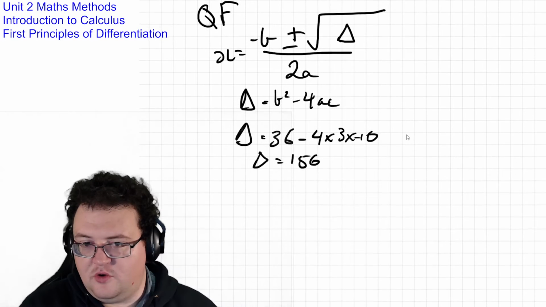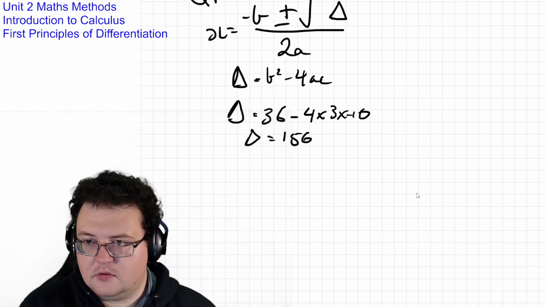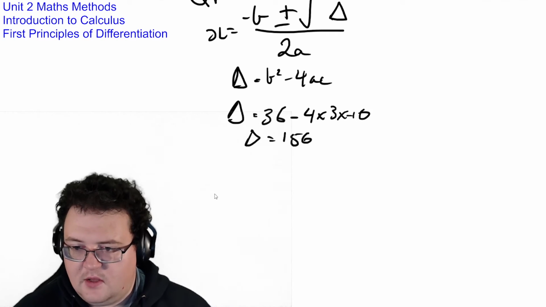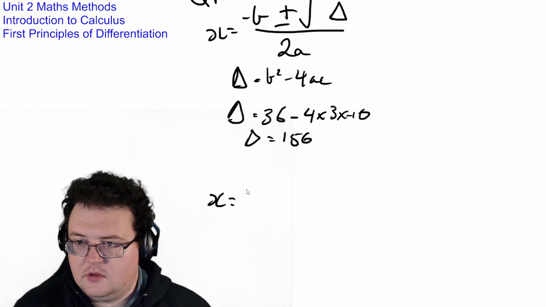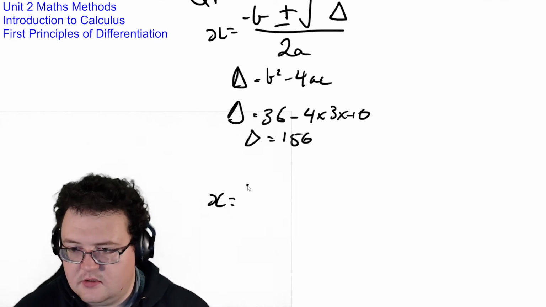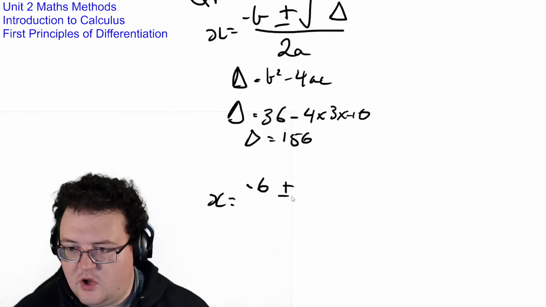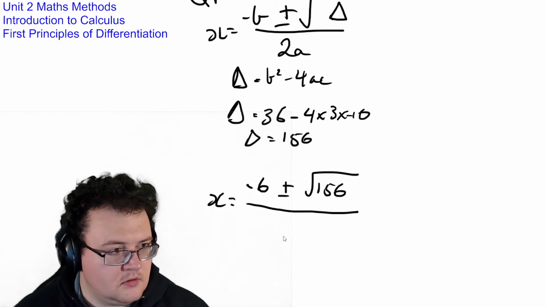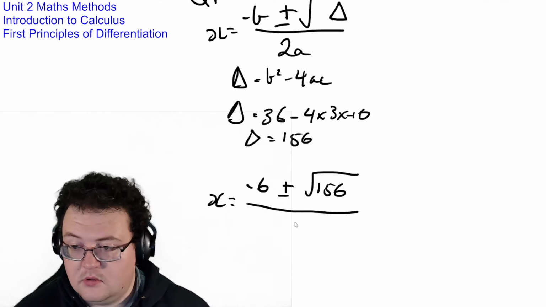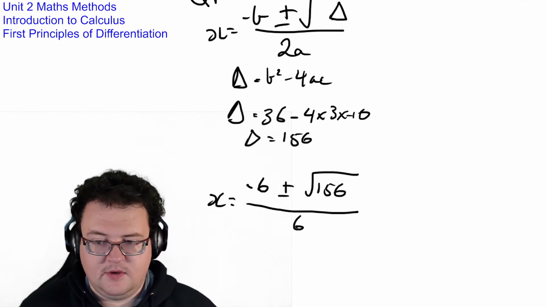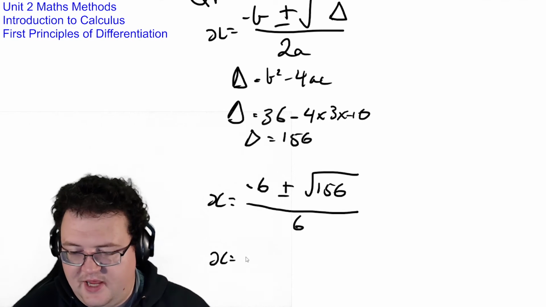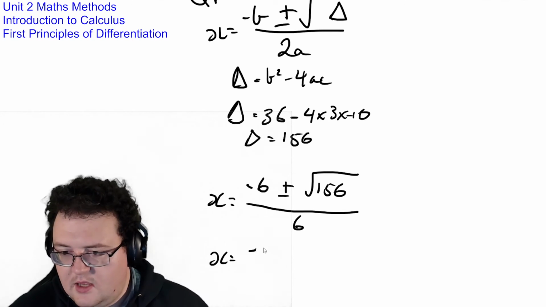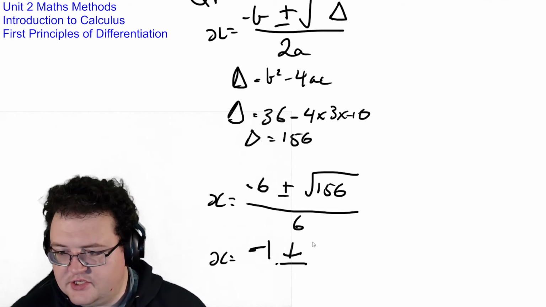So now I can go back to my equation. x equals negative b, which is negative 6, plus or minus the square root of 156, all divided by 2a, and then your answer should come out to be negative 1 plus or minus the square root of 39 over 3.